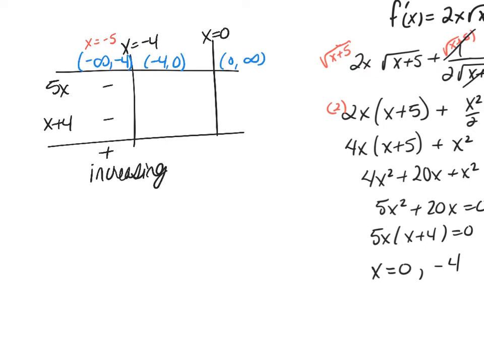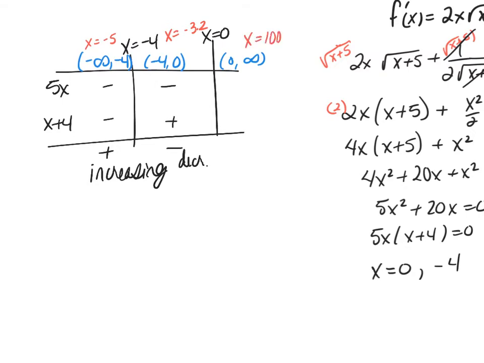What do you want to pick between negative 4 and 0? Negative 3.2. Cool. Negative 3.2. So my first one is going to be negative. My second one is going to be positive. My region is what? Decreasing. Negative and decreasing. And what do you want me to pick on the right-hand side? Positive 100.